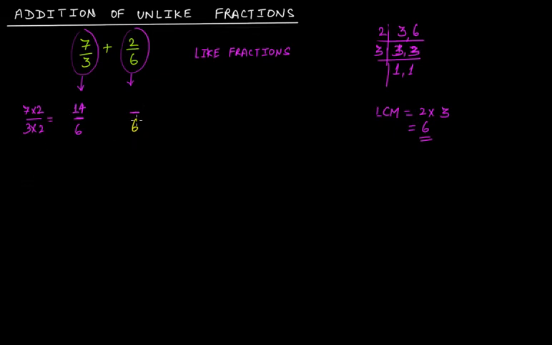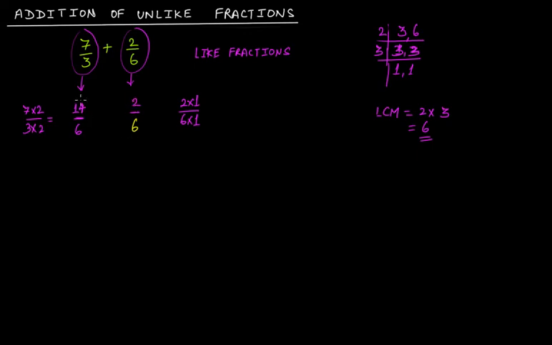Now, by what number do I have to multiply the denominator in this case, that is 6, to make it 6? That's already 6. Therefore, 6 times 1 will be 6. Similarly, 2 times 1. There's no need of multiplying with 1, but just to show you, this will be 2 by 6.